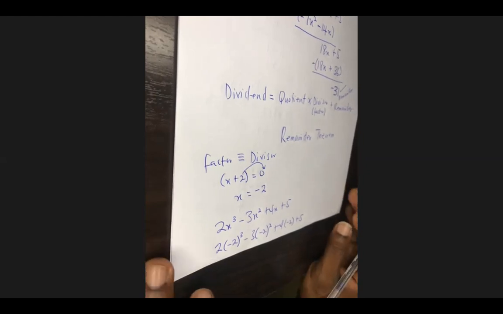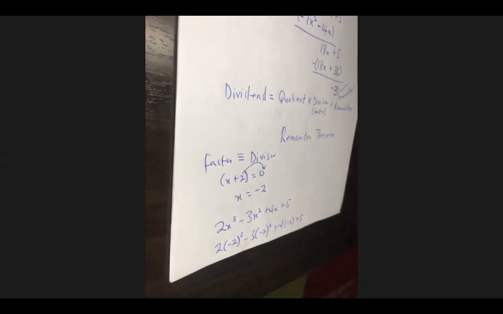So now what do I have for negative 2 cubed? Now because the power is an odd number, automatically we are going to get a negative number. Because when a number is negative and then the power is an even number, you always have a positive.